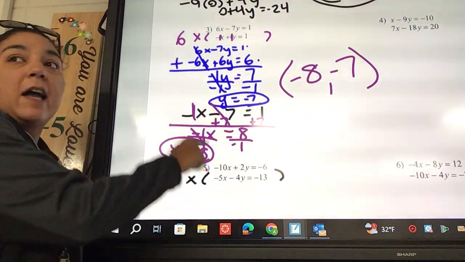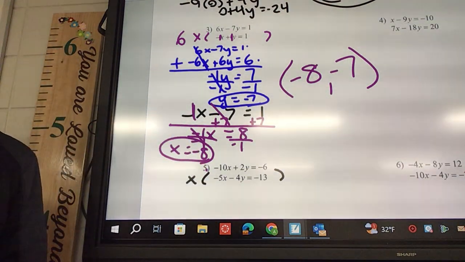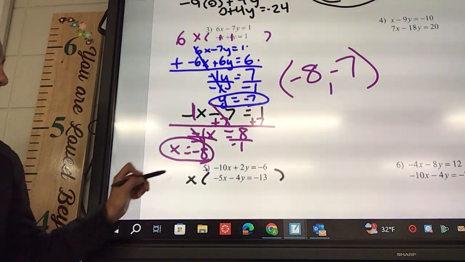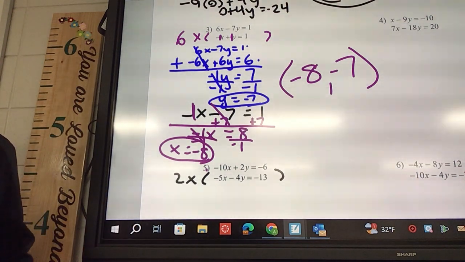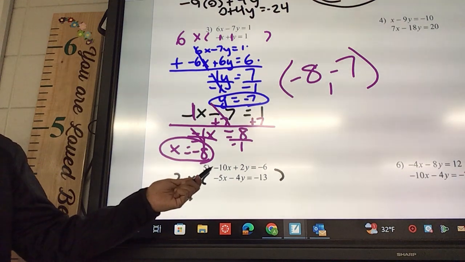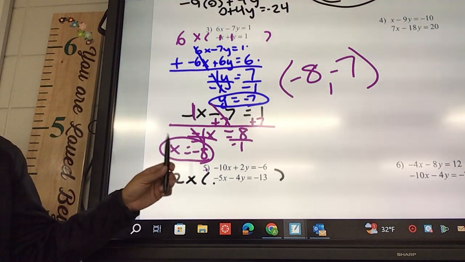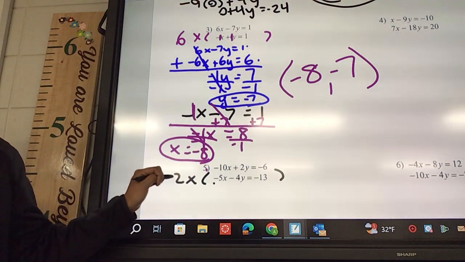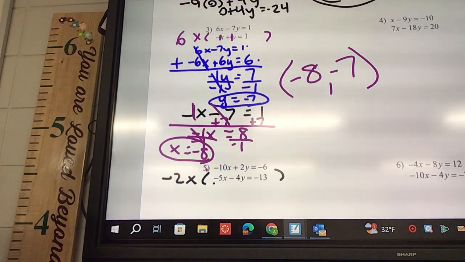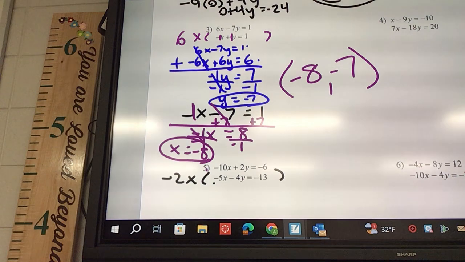Something times 5 would give me a 10. 2. Okay, now we look at the signs. Notice this one has a minus and that one has a minus. They're not different. So if they're the same sign, you need a negative on the outside. So if they were both a plus or both a minus, we gotta put the negative on the outside.